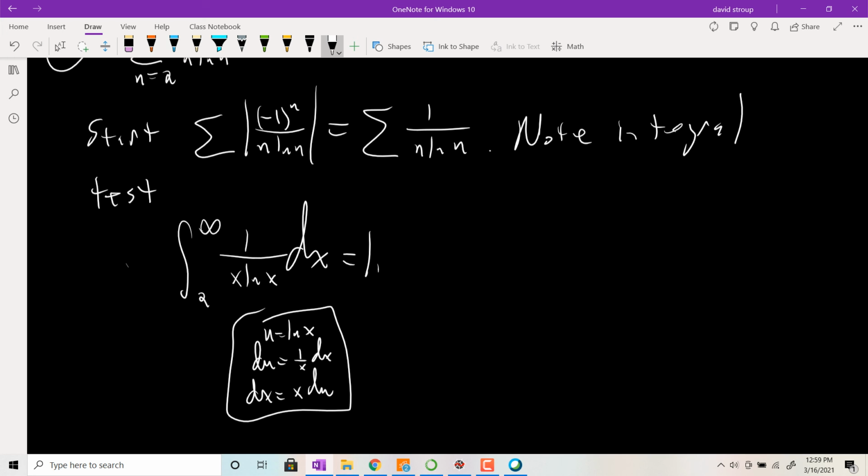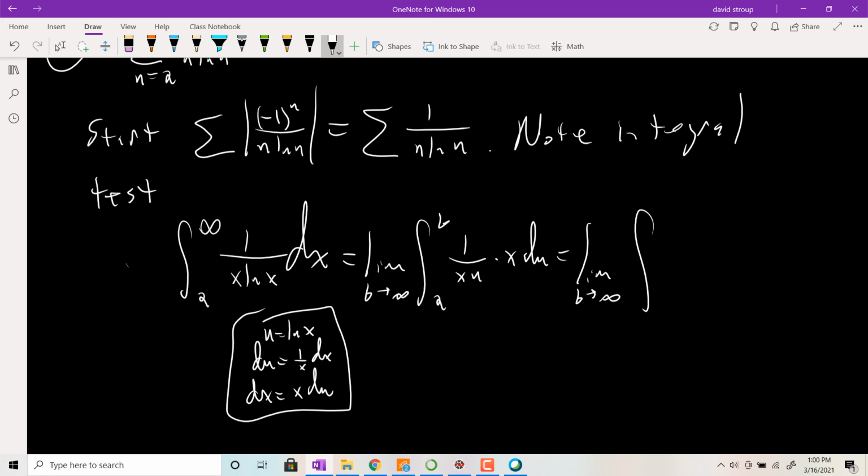So this will be, and we need a limit here as well, b to infinity, 2 to b. And then we have 1 over x times u times x du, and then that'll be the limit as b goes to infinity of the integral from 2 to b of 1 over u du, which is a natural log.